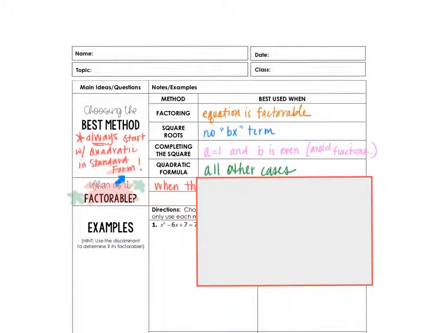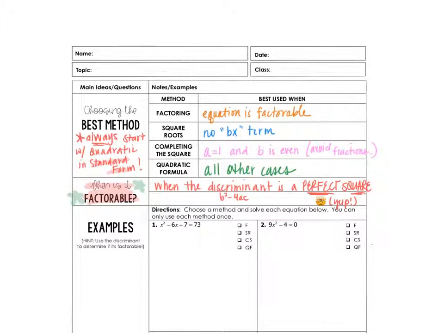One thing that some people struggle with is how to tell quickly if a quadratic is factorable. There's a trick. If you find the discriminant really quick in your calculator, and that discriminant is a perfect square, then that quadratic will be factorable. Yep, mind blown there.